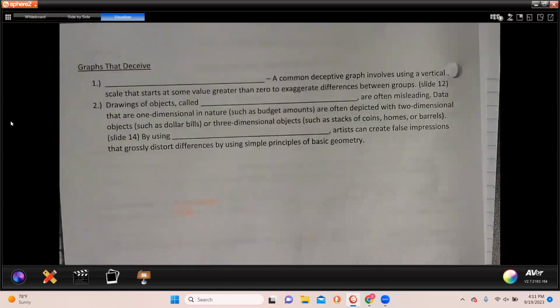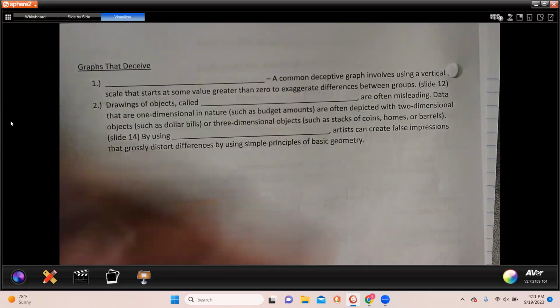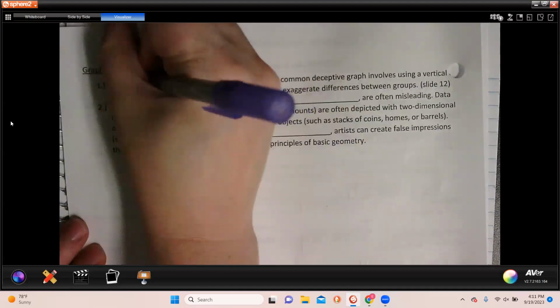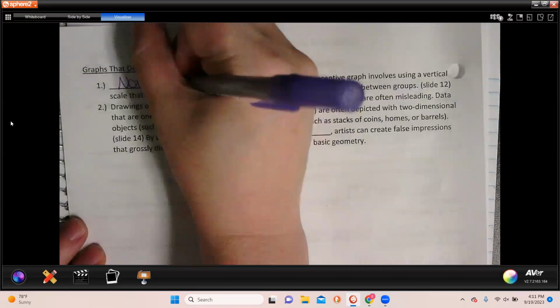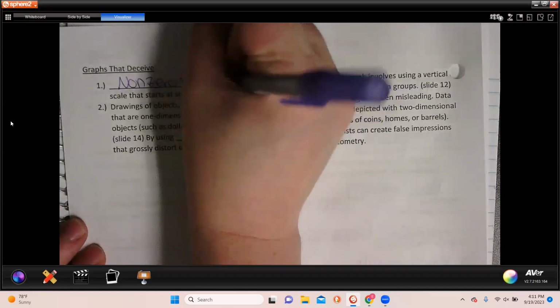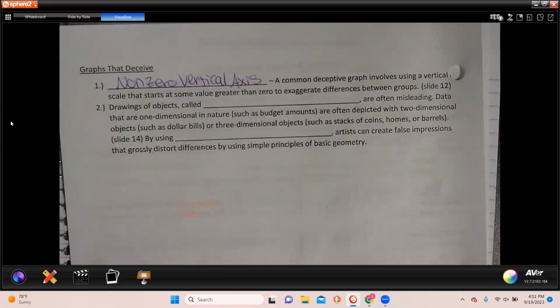All right, so graphs that deceive. Technically, this is the most important portion of the notes for 4.2. The first one is called the non-zero vertical axis. This means instead of starting at 0, so you can see how far away something is from the starting point, they'll start somewhere else. So it'll look like things start happening immediately instead of when they actually happen.